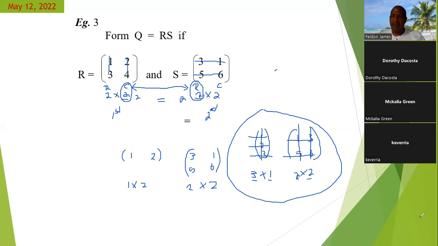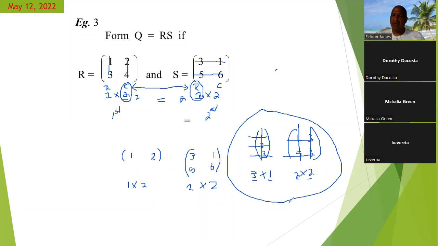No, sir, I don't think it is possible. All right. Can you tell me why it's not possible, Miss Green? Sir, I'm not sure why, but I just feel like it is not possible. All right, Miss Wilson, can you give some input?